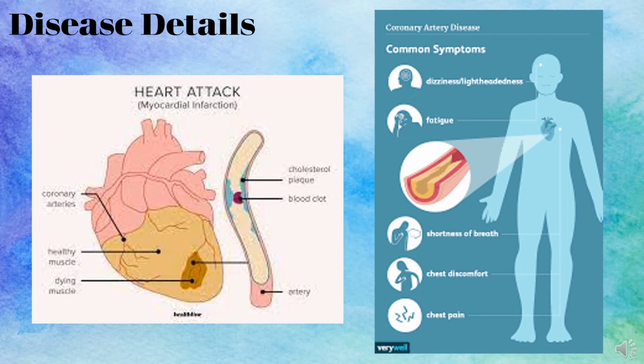And then the reason why I incorporated the heart attack, which is a myocardial infarction, in this slide is because I found that sometimes you don't know if you have coronary artery disease unless you have a heart attack. So coronary artery disease can be symptoms of a myocardial infarction. So basically the coronary arteries are blocked, as previously mentioned, and those symptoms are very similar and include chest and pain in the shoulder or arms.